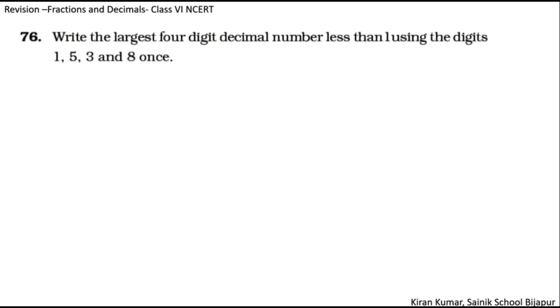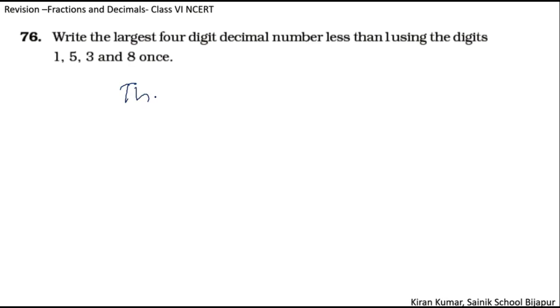Next question, 76th question. Write the largest 4-digit decimal number less than 1 using the digits 1, 5, 3, 8 once. So only once it must be used, and it should be the largest 4-digit decimal number.